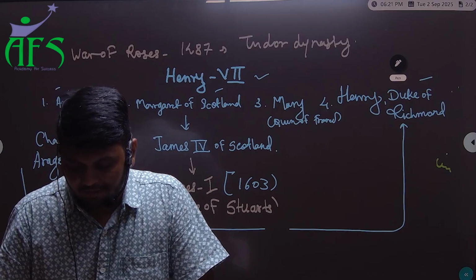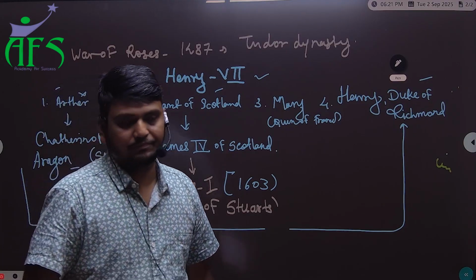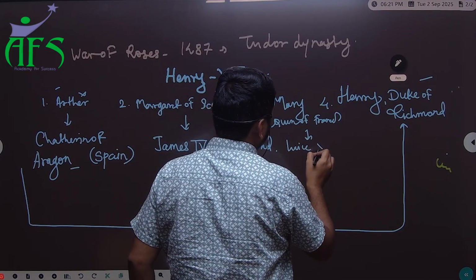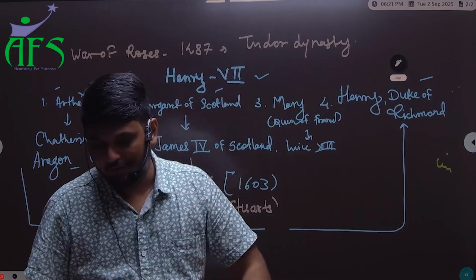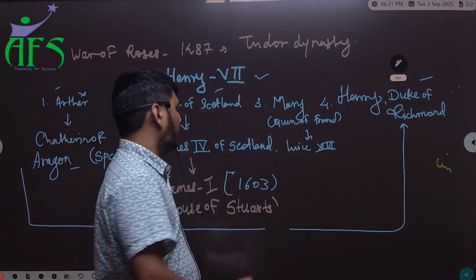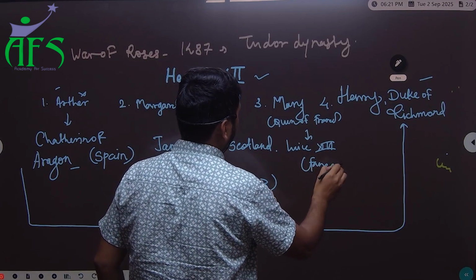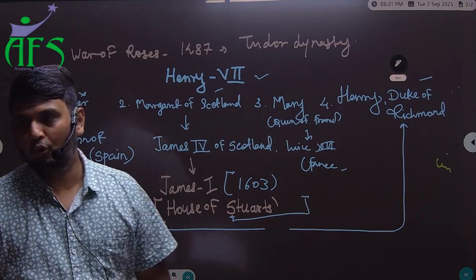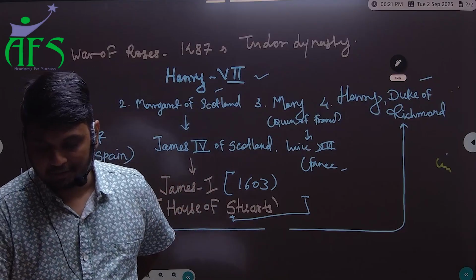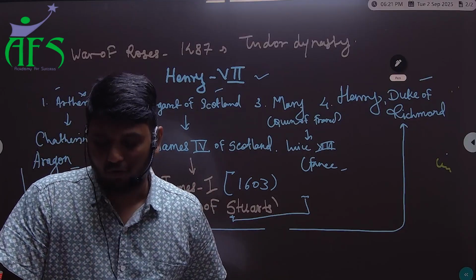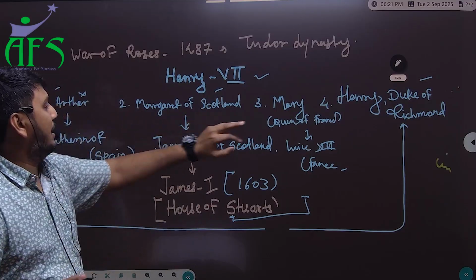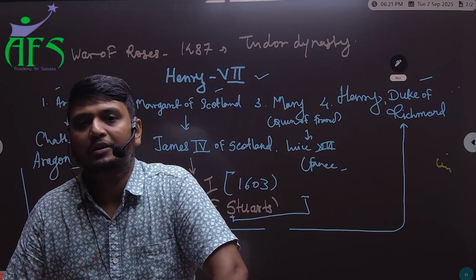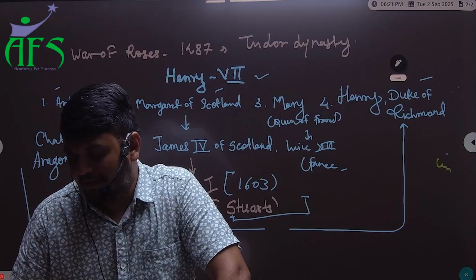So the Queen of France had a son called Louis XII, and they belong to France. So we're not going to discuss these two right now because their role is different. But Arthur died very young, and Henry, Duke of Richmond's wife, who was eventually his sister-in-law, was Catherine of Aragon.